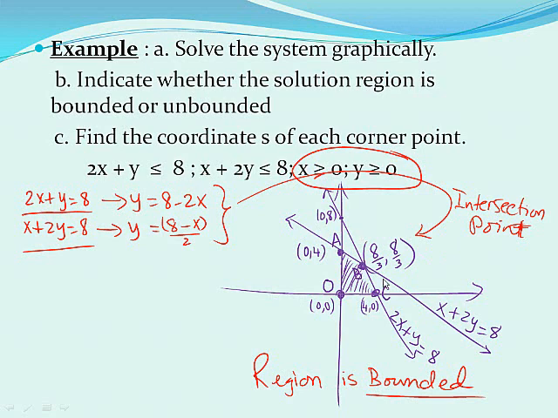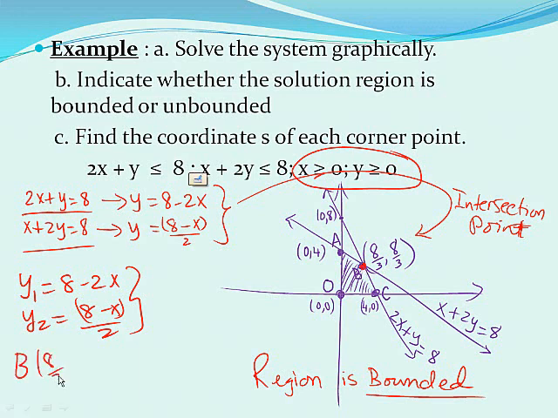So if I graph these two functions, y1 equal to 8 minus 2x and y2 equals 8 minus x divided by 2, and use the calculator, I can compute the intersection point to be (8/3, 8/3), which is this intersection here, labeled as B. So the coordinates of B are (8/3, 8/3). Obviously, the origin is one of the corner points, which has coordinates (0, 0).